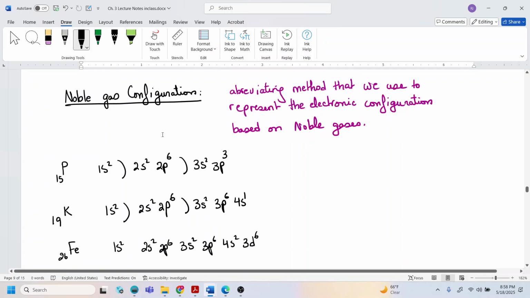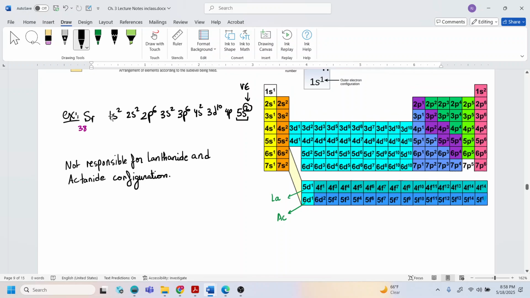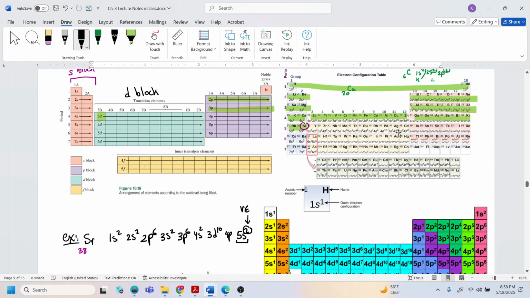There is an abbreviation when you want to write the electronic configuration, because as you can see over here, if you are working with elements in the periodic table, the electronic configuration can be very long. So in order to abbreviate it, we relate it to the noble gases.